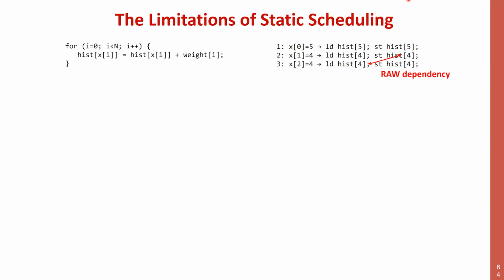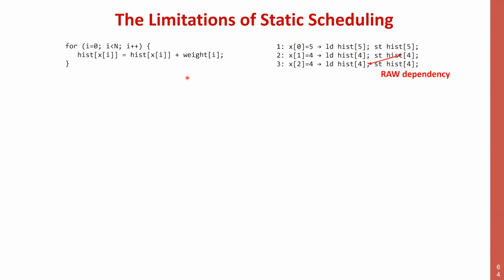But here is a case of classic dependency that is hard or impossible, actually, to detect at compile time. You see the program. I guess you can easily imagine what it is, even from the name of the variables. You're computing a histogram of a monodimensional set of values that are in the vector x.